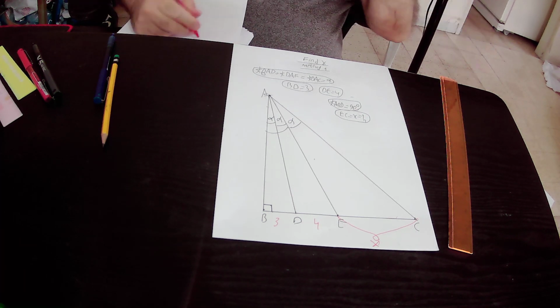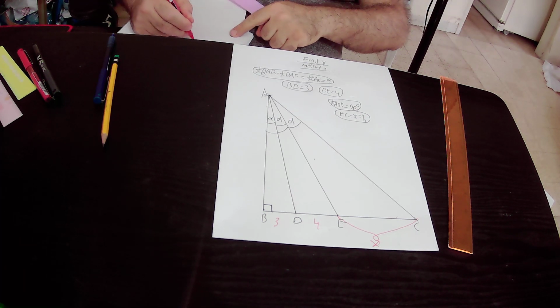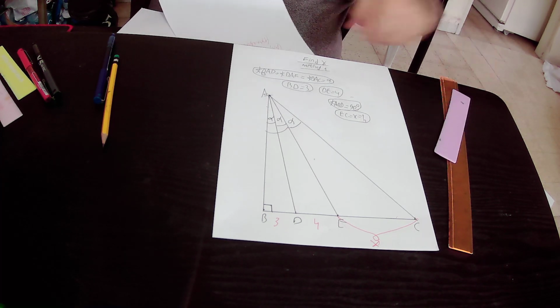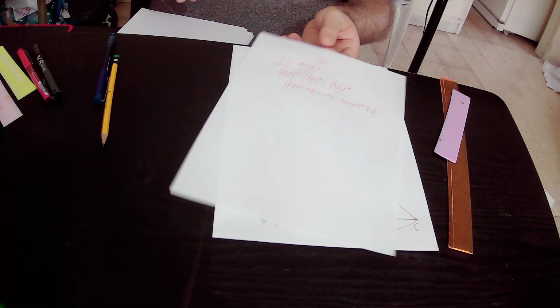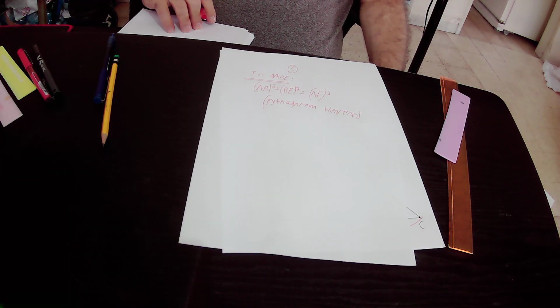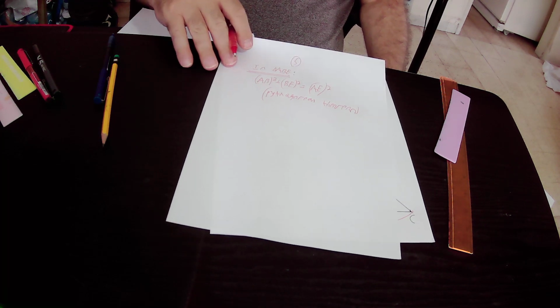Again, according to the Pythagorean theorem, in the right triangle, triangle ABE, AB square plus BE square equals AE square.